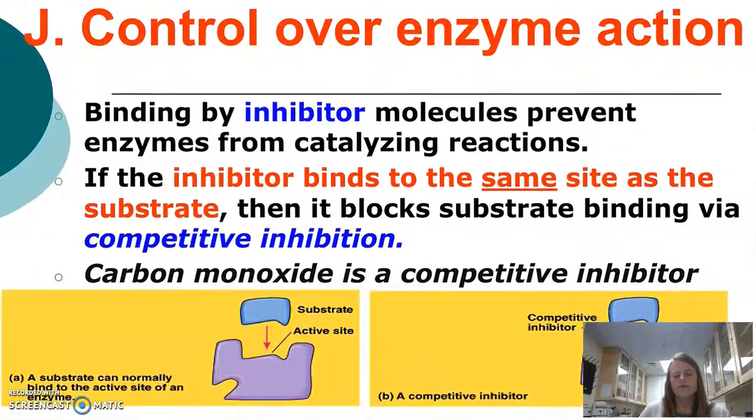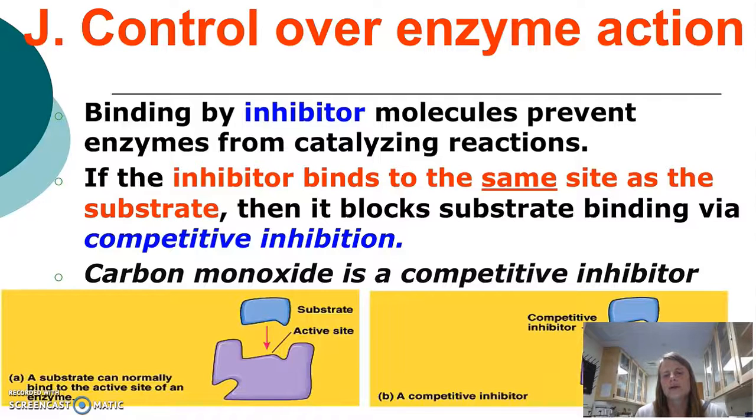There are two different types of inhibitors that are going to exert control over enzyme action, because after all, we don't want the chemical reaction to continue going on forever and ever and ever. The first type of inhibitor that we're going to discuss is called a competitive inhibitor. A competitive inhibitor is one that binds to the same site as the substrate.